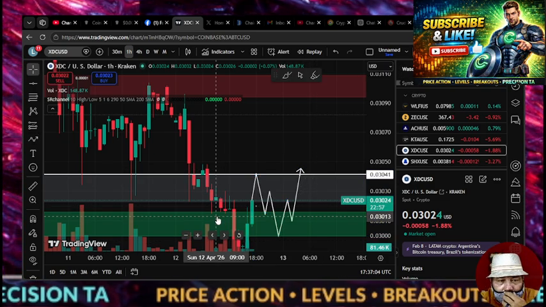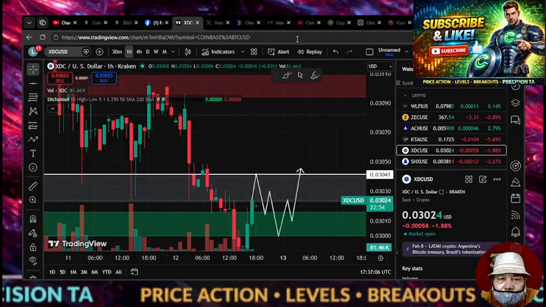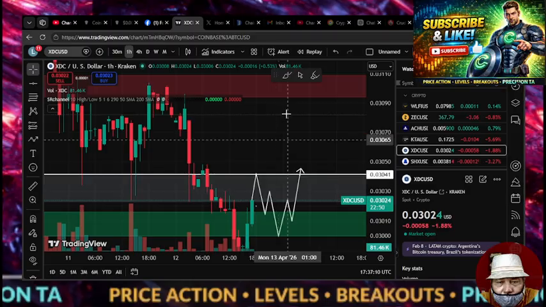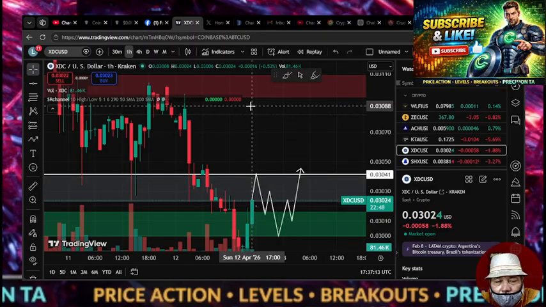But I do believe we're going to go back up and fill that gap. And this is on the 1 hour chart. So we're looking to come back somewhere around 0.3041.